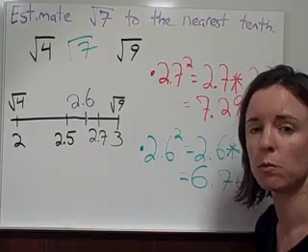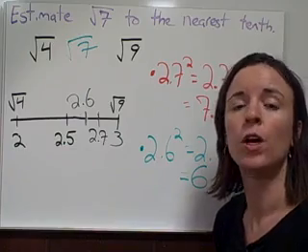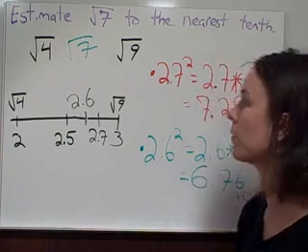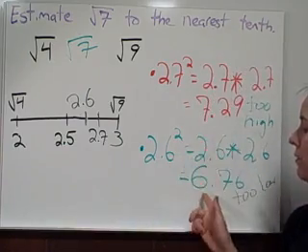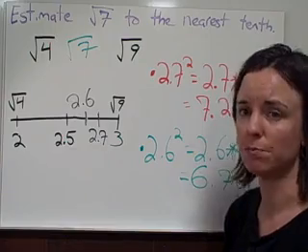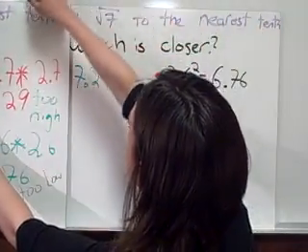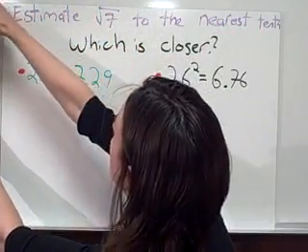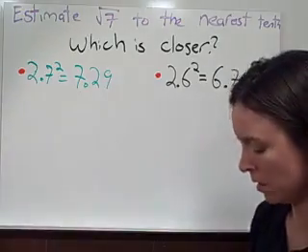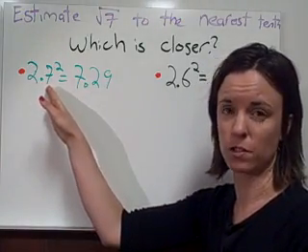But remember, that's what we want. One estimate that's too high, one that's too low. We want to see which one is closer. Is 7.29 or 6.76 closer to that target value of 7? 2.7 was my first estimate for the square root.